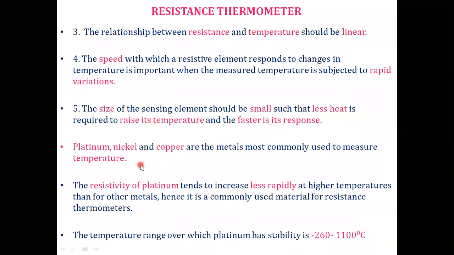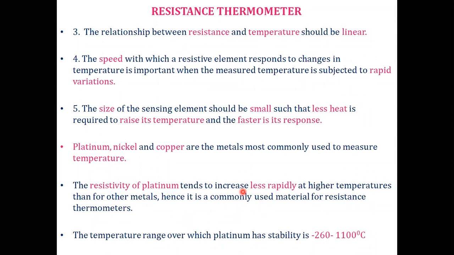Here, the materials used for manufacturing this transducer are platinum, nickel, and copper, which are the materials most commonly used to measure temperature. The resistivity of platinum tends to increase less rapidly at higher temperatures than for other materials. ఆ రెసిస్టెన్స్ అనేది కొంచెం తక్కువ ర్యాపిడ్గా ఇంక్రీజ్ అవుతుంది అనమాట.